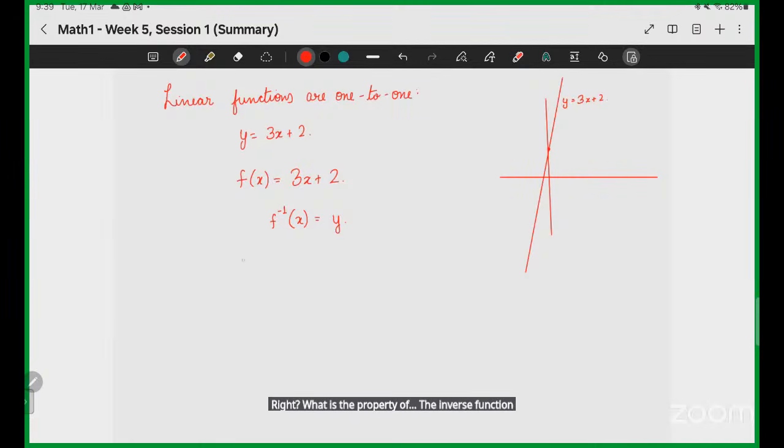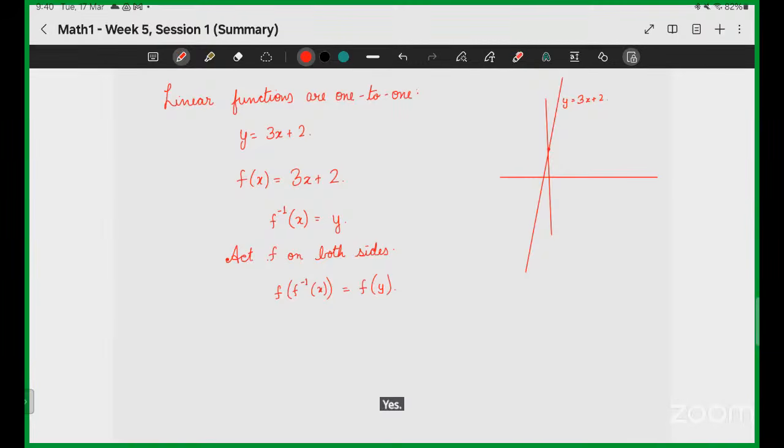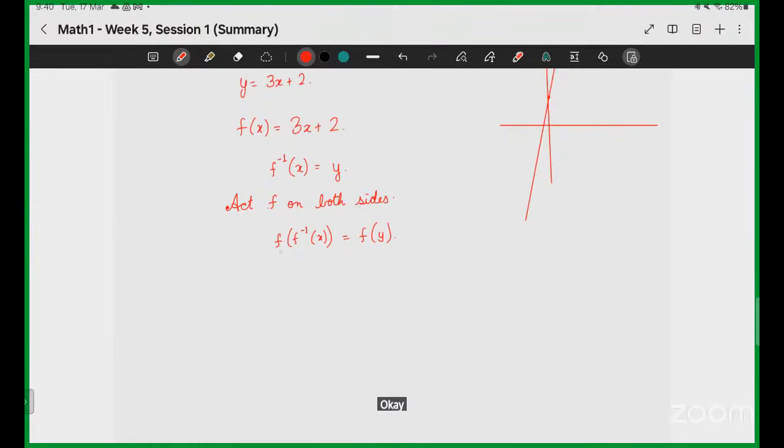Now if I act f on both sides, I'll get f of f inverse of x is equal to f of y. Is this step clear? Yes, sir. Okay. Now what is f of f inverse of x?